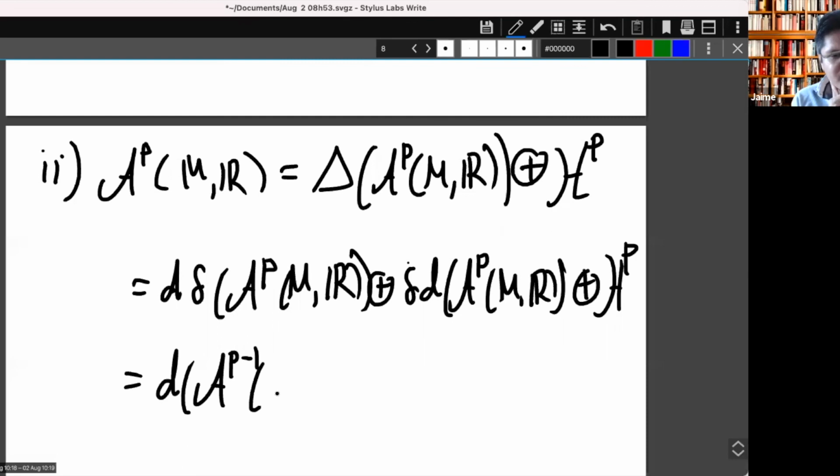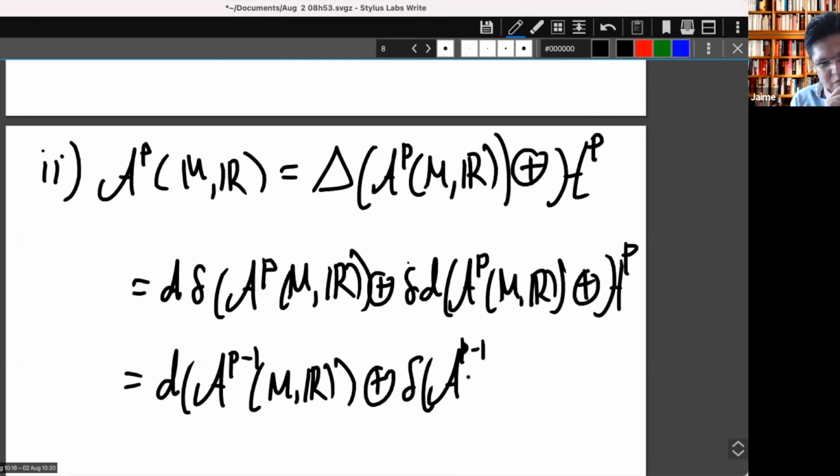Using the adjoint properties, this should be this plus this, right?